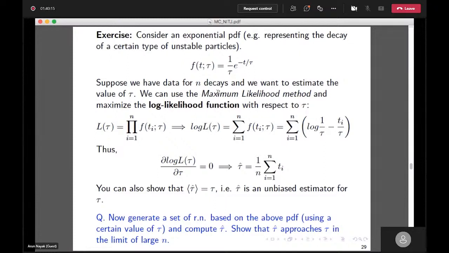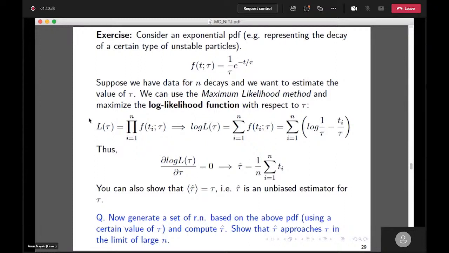So we can use the maximum likelihood method, and we can maximize the log likelihood function with respect to tau to get its estimate, right? That is what you have studied in the maximum likelihood method.